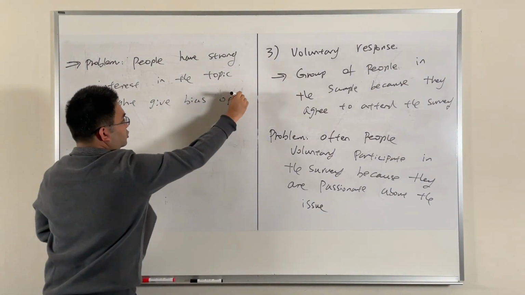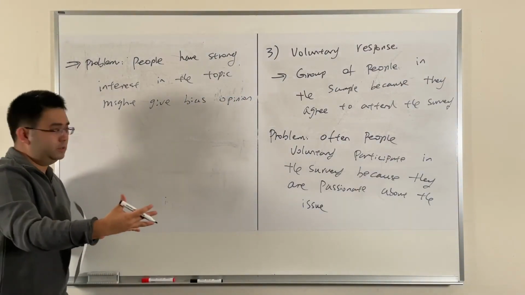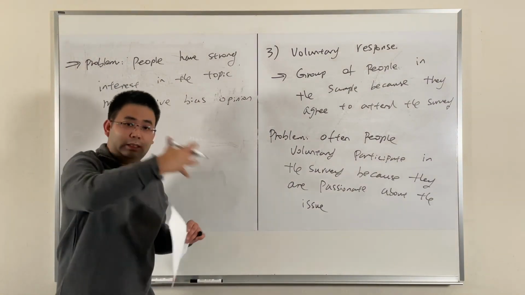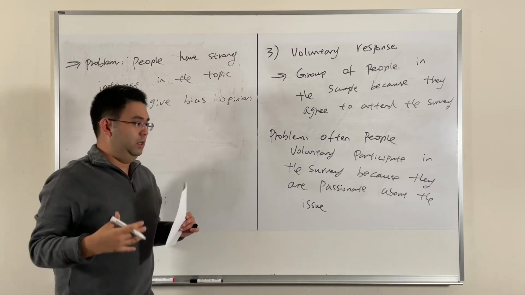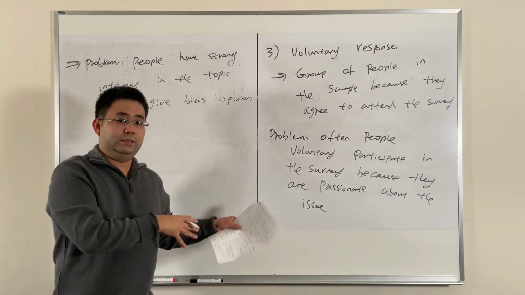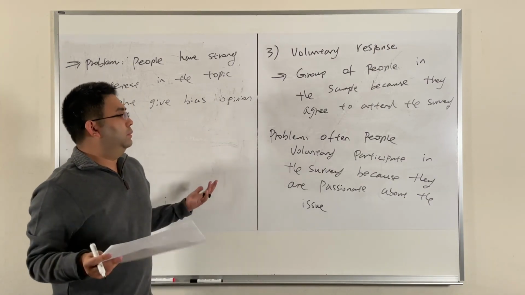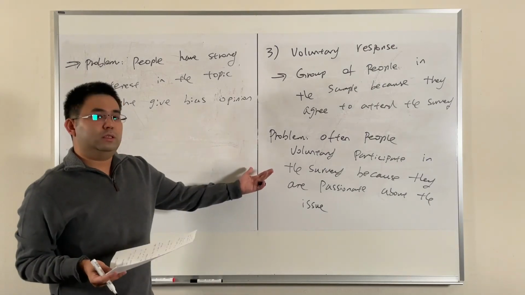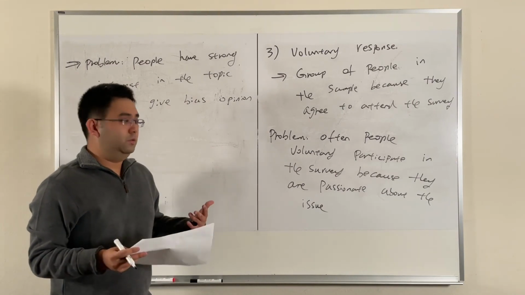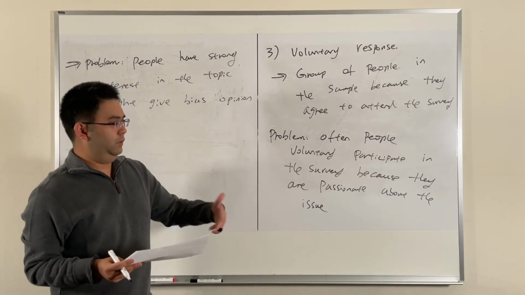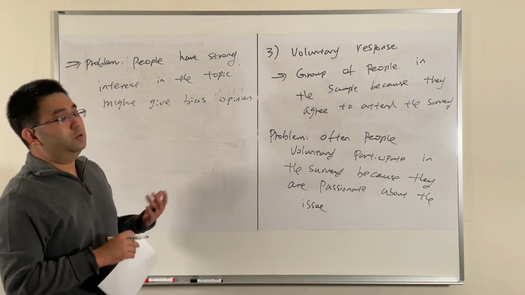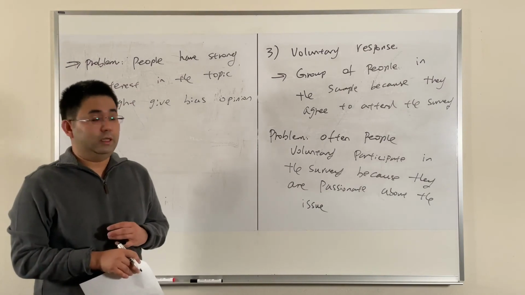If they have such a strong interest in this issue, they're likely to give you a biased opinion because they have their side. They really favor or really oppose this topic. People in the middle aren't as interested and don't care as much, not that they don't care, but not enough to give you the time to do a survey. So your opinions tend to be biased in the voluntary response case.